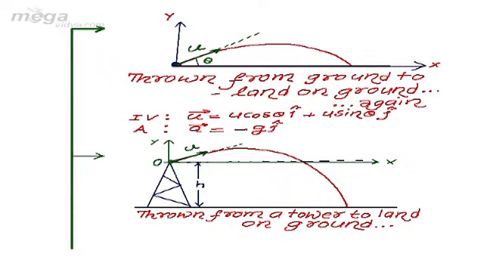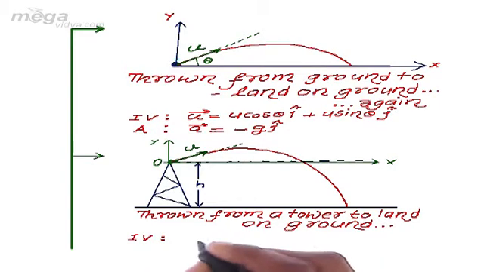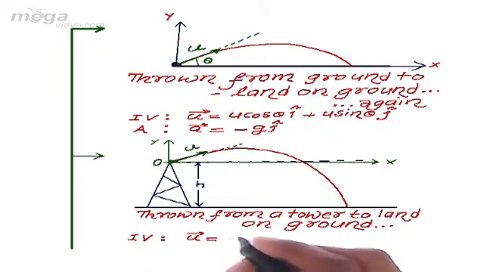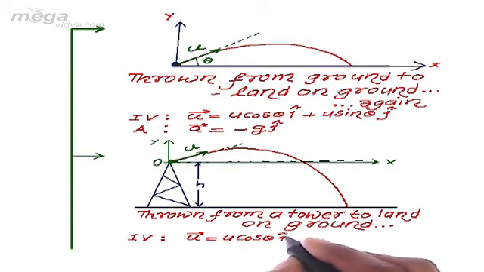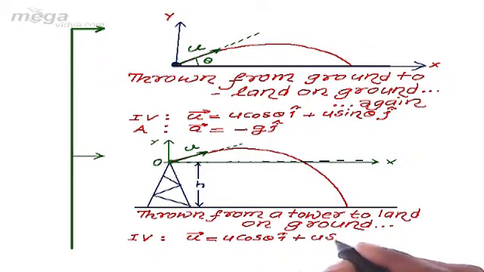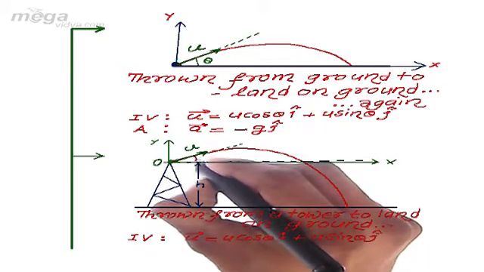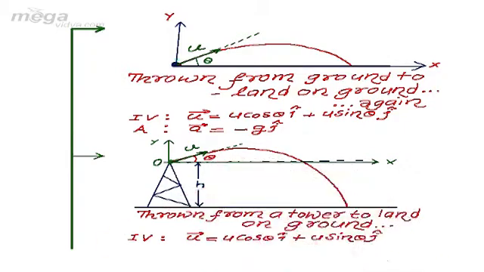Here, we can analyze the basic parameters of the motion with which this motion starts. If we talk about the initial velocity, then it comes again, vector u is u cos theta i cap plus u sin theta j cap, where theta is this angle of projection.